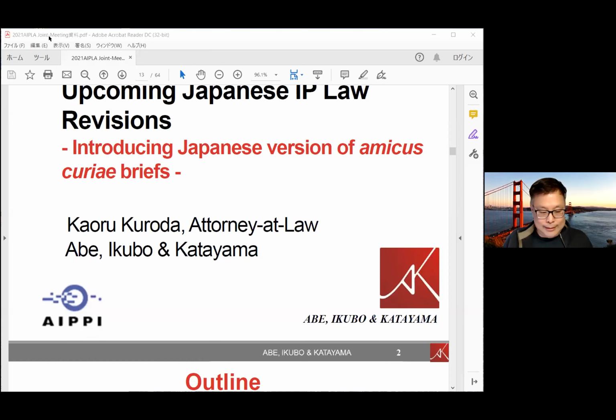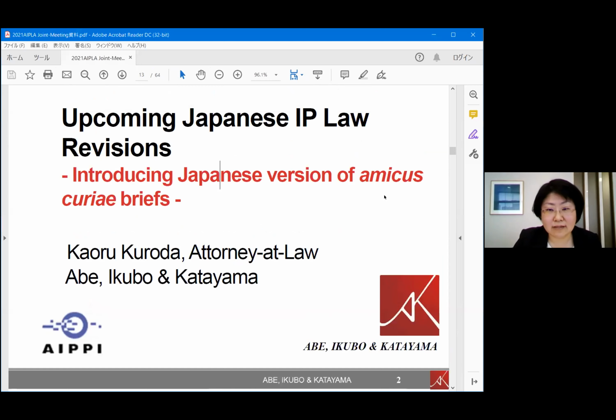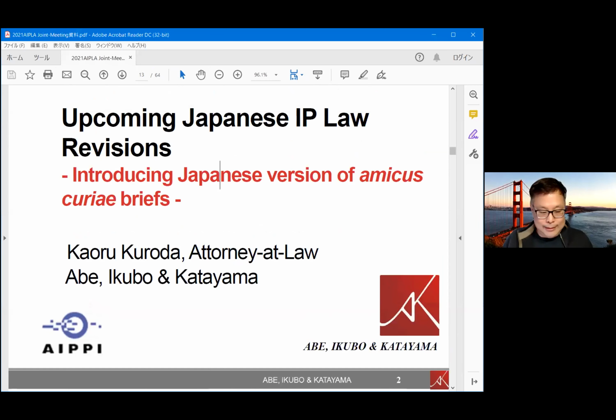So going to our next presentation now, we have Kaoru Kuroda Sensei from AIPPI Japan presenting about some upcoming Japanese IP law revisions and the Japanese version of amicus curiae briefs. So Ms. Kuroda. Thank you. Can you see this right? It's a little small, but yes, we can see them.